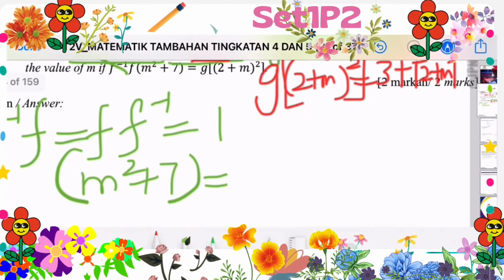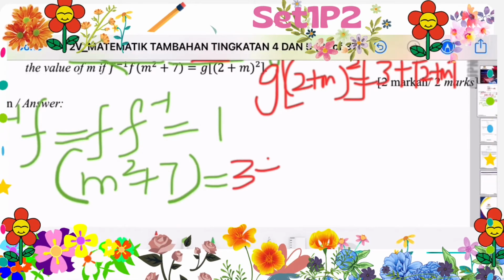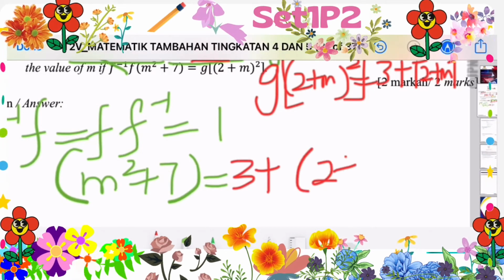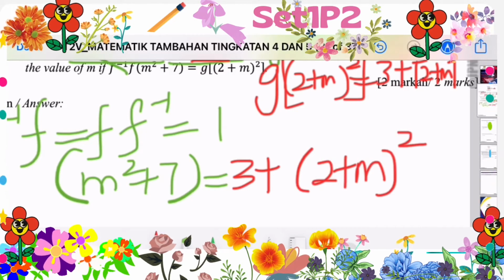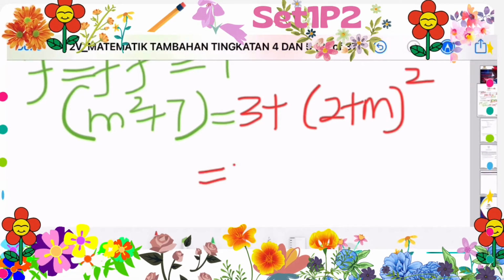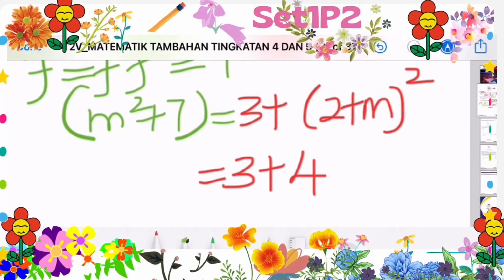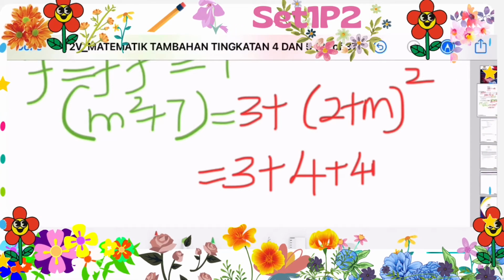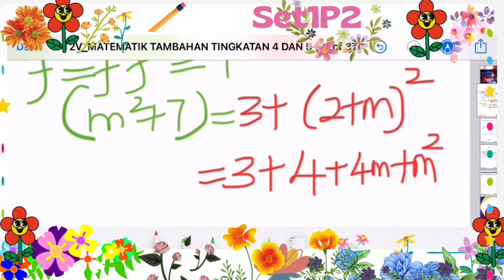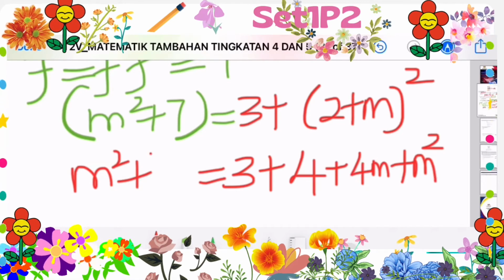So it's equal to 3 plus (2 plus m) squared. Okay, so let's expand carefully. 3 plus 4 plus 4m plus m squared is equal to m squared plus 7.